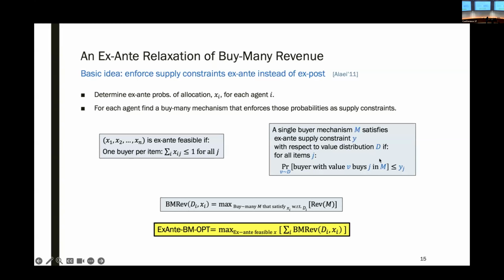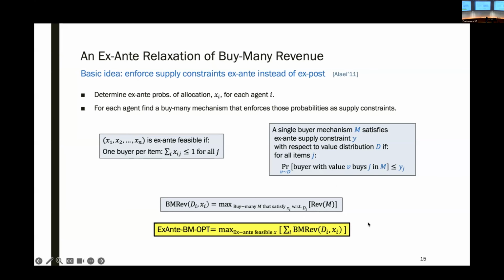I'm going to say that a single buyer mechanism, so now I'm thinking of one buyer, buyer i, satisfies some given ex ante constraint if, when I draw the value of this buyer from their distribution, the probability that I allocate item j is no more than what's given by the ex ante constraint. And now I can define for a single buyer, given an ex ante constraint, I can look at all possible buy-many mechanisms that satisfy this constraint over all items, and then take the one that has the most revenue.